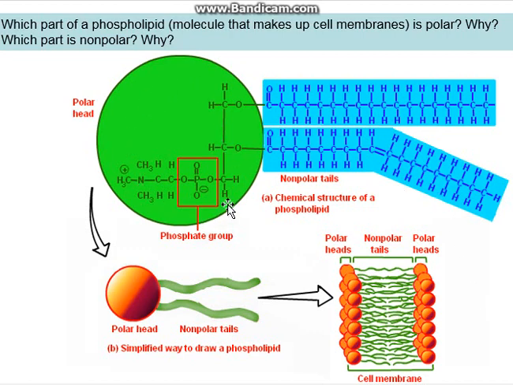If you said the green area is polar, you are correct. If you said the blue area is nonpolar, you are correct. We have a positive and a negative charge here, and we have a bunch of hydrocarbons here, which means it'll be hydrophobic.